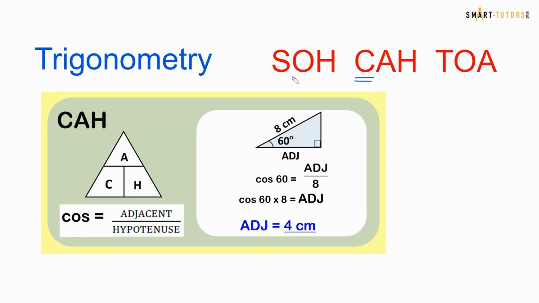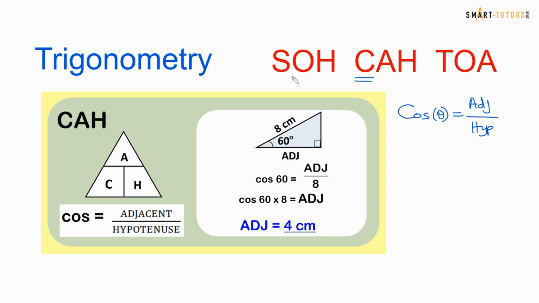Cosine is CAH. So cosine of any angle is defined as adjacent, meaning the side very close to the angle, divided by hypotenuse. Hypotenuse has the same meaning, the side opposite the right angle.